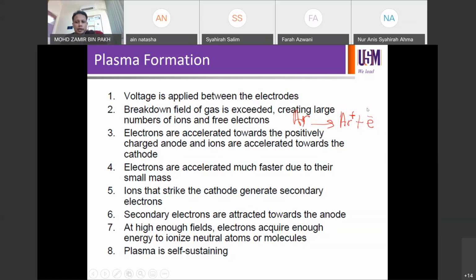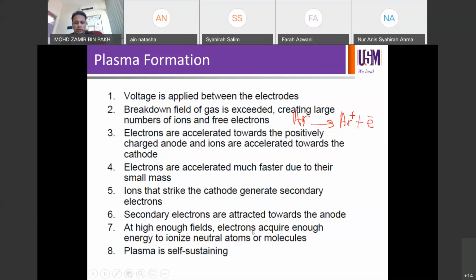Electrons from the stripping process are accelerated towards the positively charged anode, and ions are accelerated towards the negatively charged cathode. Electrons are accelerated much faster due to their small mass. Ions that strike the cathode generate secondary electrons from the bombardment process.